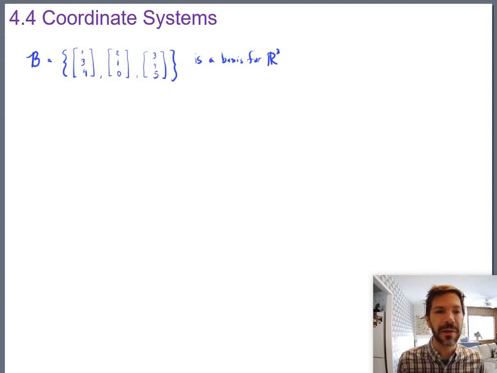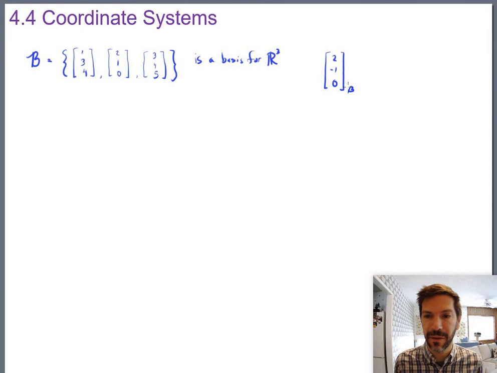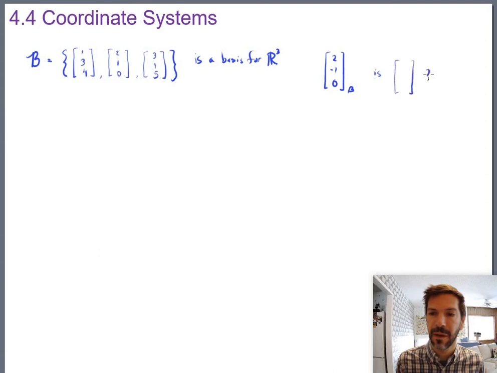And they might just give you some coordinates in the B basis, like 2, -1, 0, and just say what is that in standard coordinates, which they'll call x.